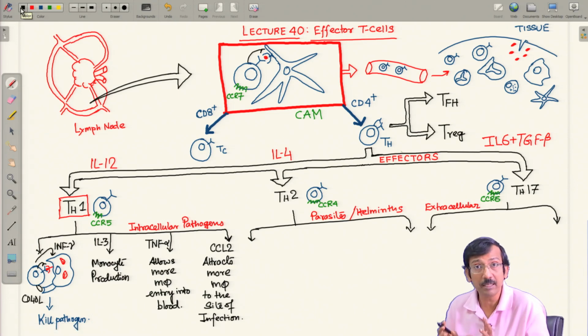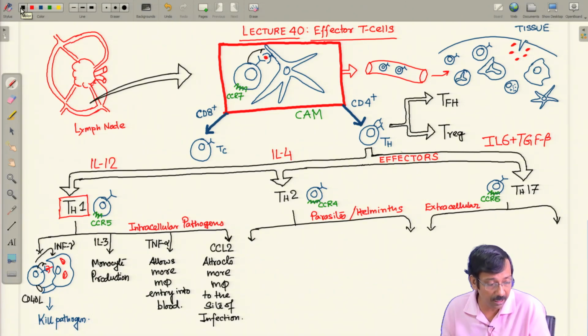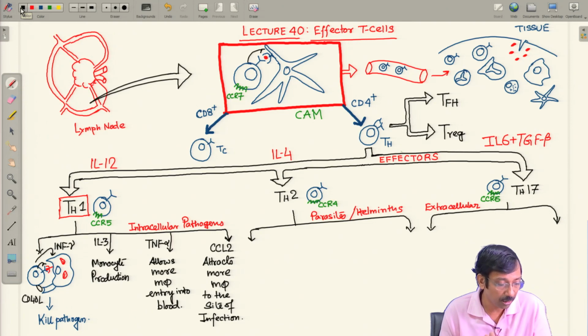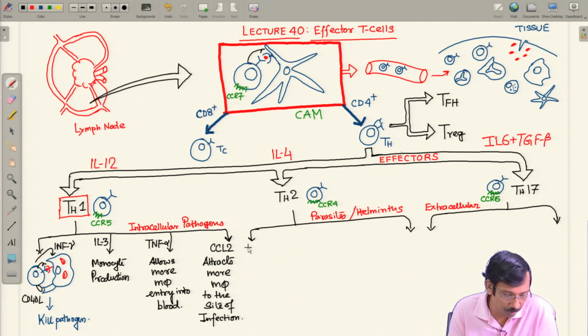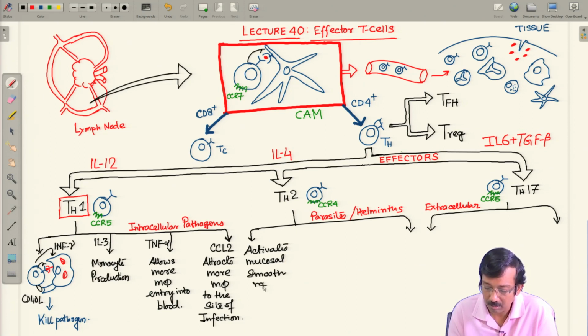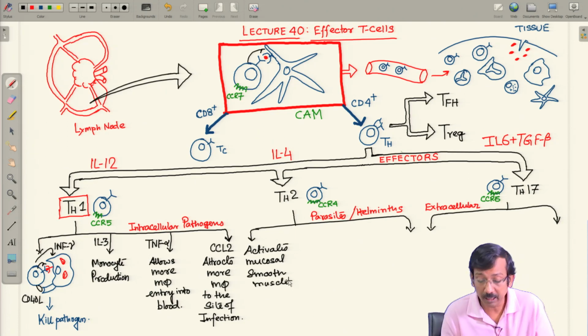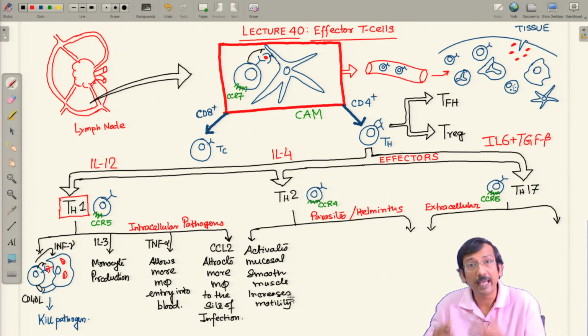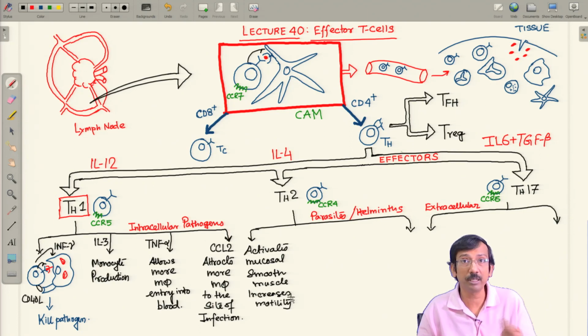What are the Th2 cell types? So as I told, the primary action of the Th2 cell types is to increase the motility of the mucosal smooth muscle. So they activate the mucosal smooth muscle, increase the motility, and by that they help in clearing of the pathogen, primarily the helminths, the worms that infect our intestine, for example.